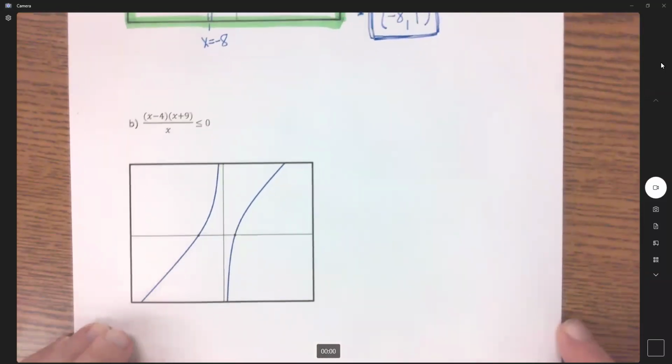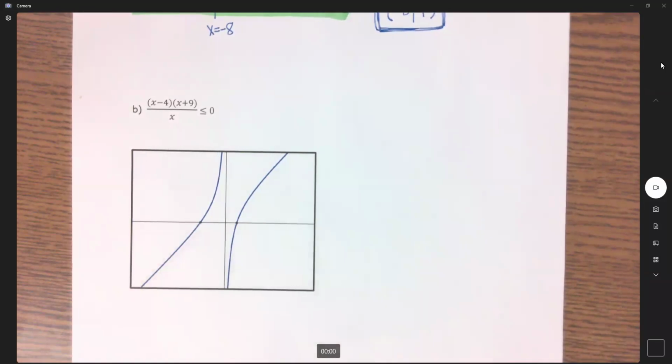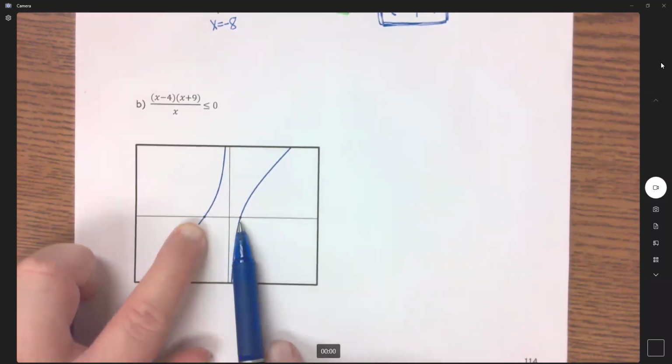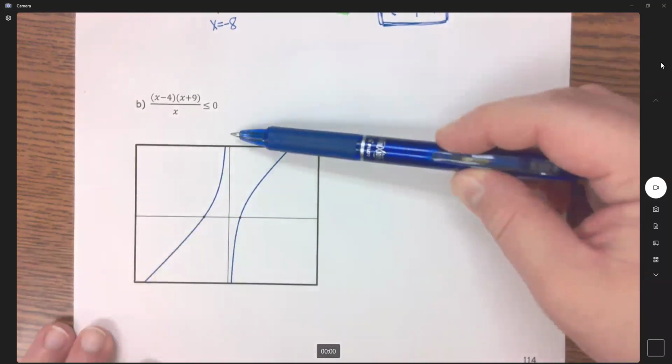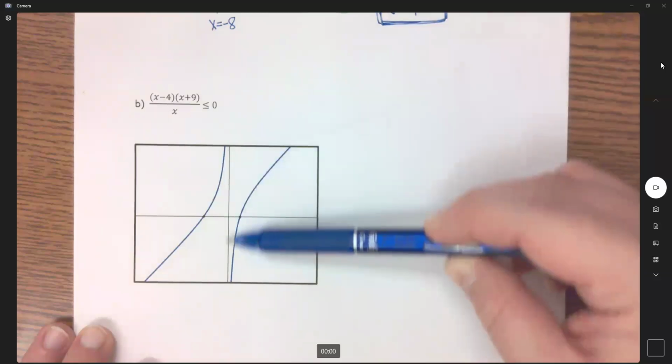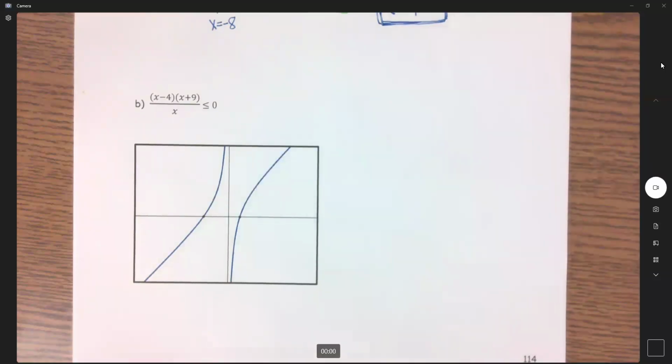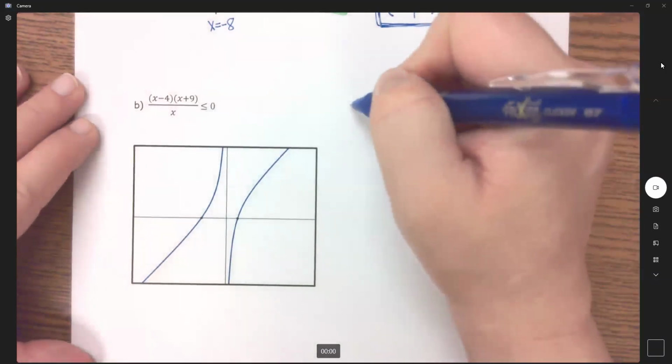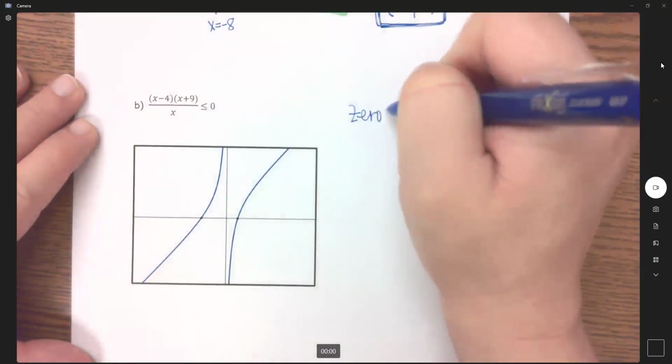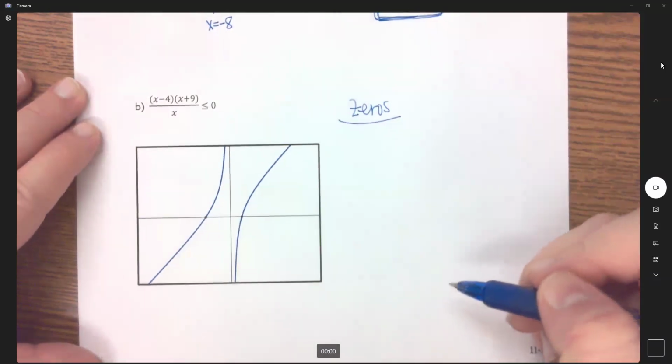This is your last chance to pause the video to try this one on your own. When you look at this picture, you can see that we do have two x-intercepts and we do have one vertical asymptote that's going through here. Those are the two things we need. So first thing I'm going to start with are my zeros.